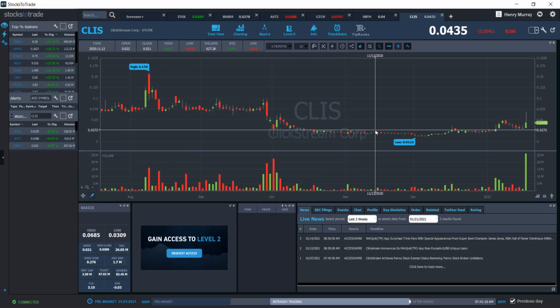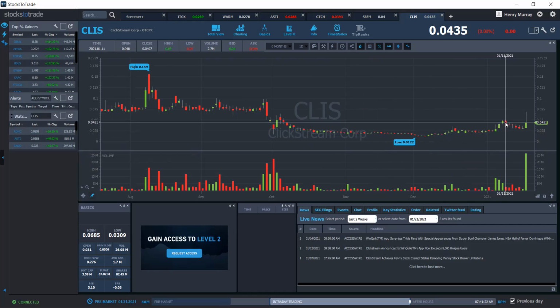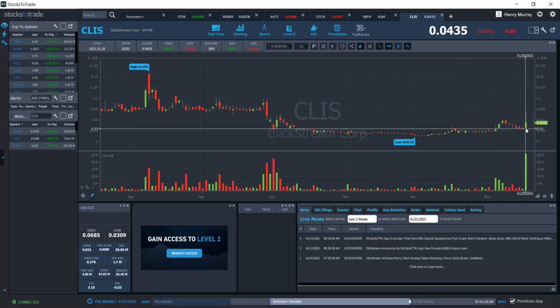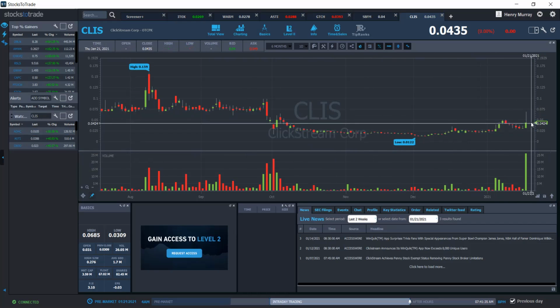For a few days, pull back and consolidate right here. Then spike again for 3 days, pull back, and then it's now having its first green day.